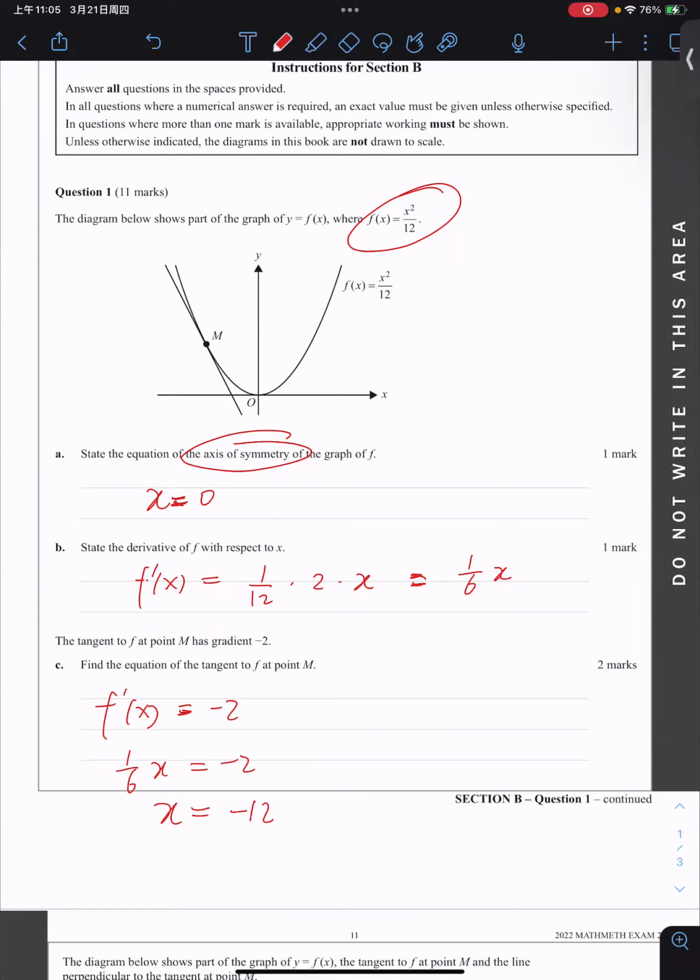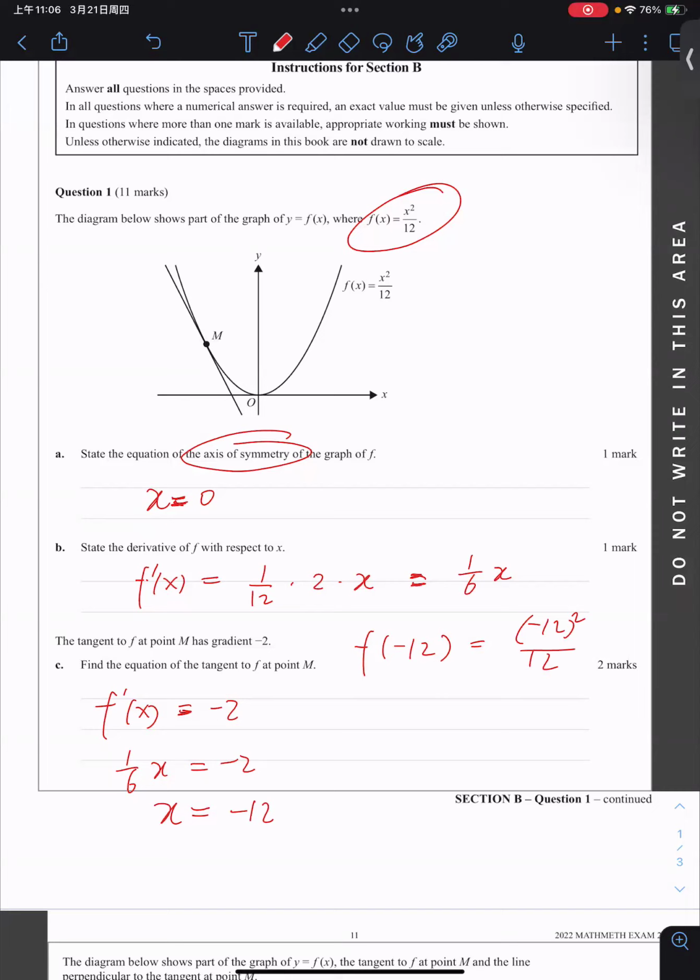All right? When we have x equal to -12, that's not the end of the question. We need the coordinates of M. Now we just have the x value for M, so let's substitute into the corresponding function. f, not f dash now, it's f(-12), equal to (-12) squared over 12.